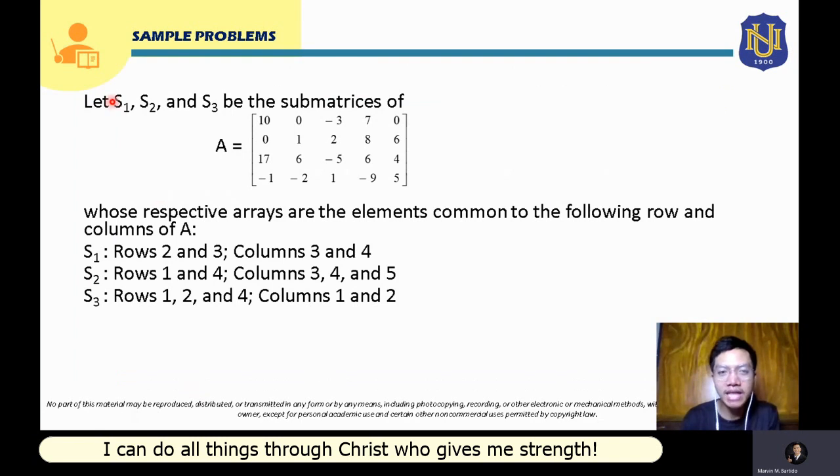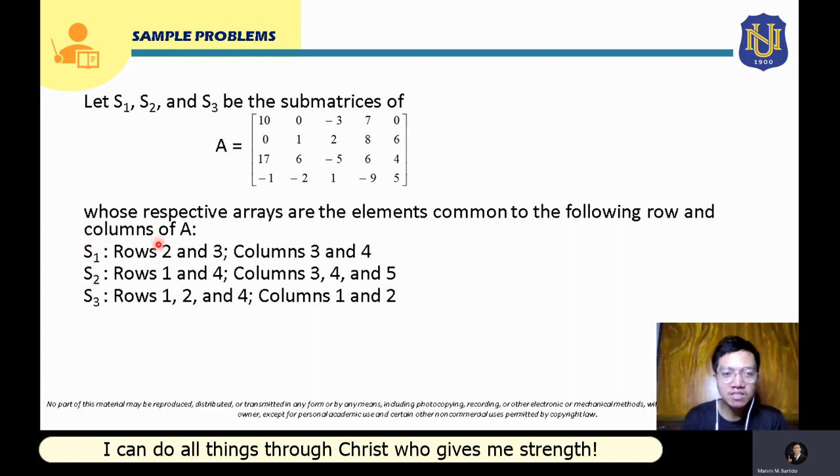So let's solve this problem. Let S1, S2, and S3 be the submatrices of this matrix A. Submatrices are smaller matrices that can be taken from your given matrix, whose respective arrangement are the elements common to the following rows and columns of A. These are the given for the submatrices S1, S2, and S3.